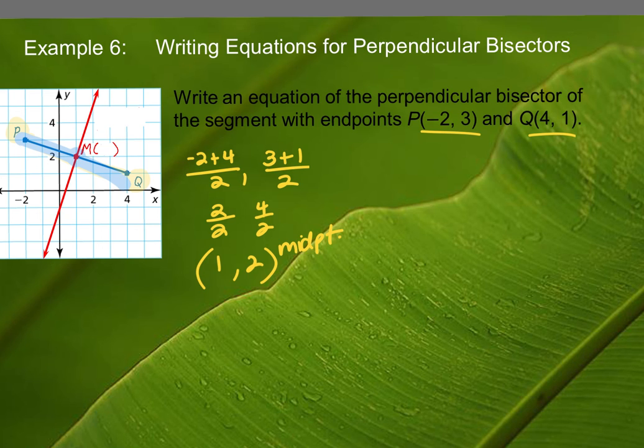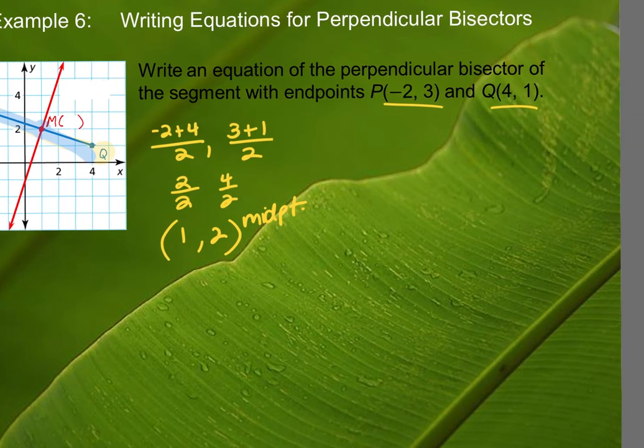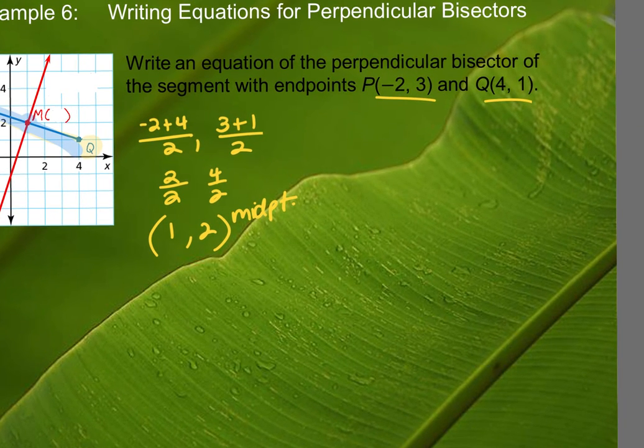And then I need to know the slope of the blue line, because the opposite reciprocal of that is going to give me the slope of the other line. How do I find slope? You can count the rise over the run, but if you don't have a graph, y2 minus y1 over x2 minus x1.